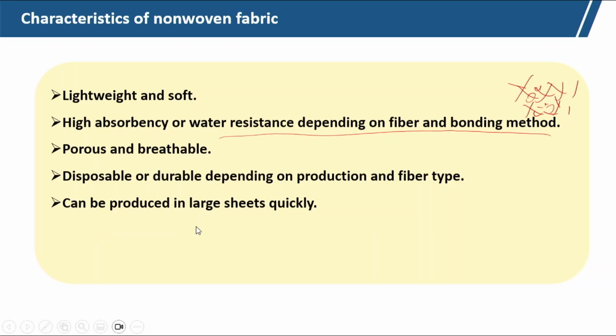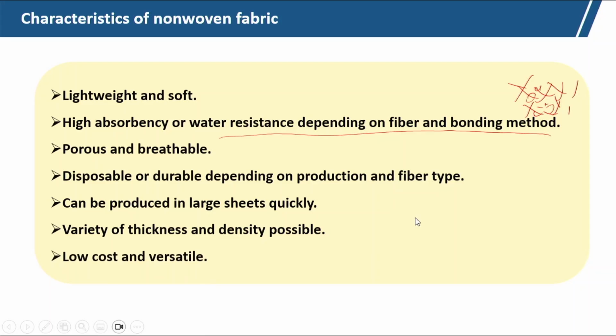Even hydroentangled nonwovens are there, that is called spunlace nonwoven. We can produce with varying thicknesses and density. It is low cost and versatile because of the high productivity, the cost is low.